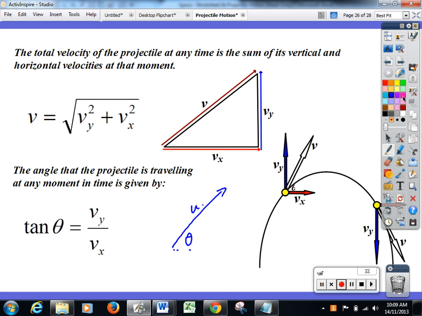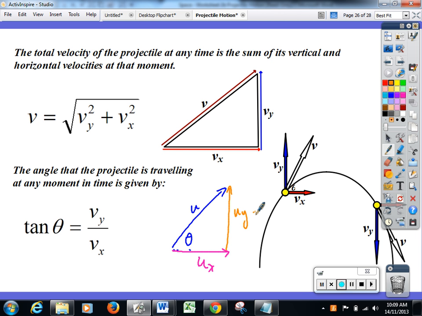And we know that we can separate this diagonal motion into two motions. One, firstly, as ux, the initial horizontal velocity, and then another motion, which is uy, the initial vertical motion.